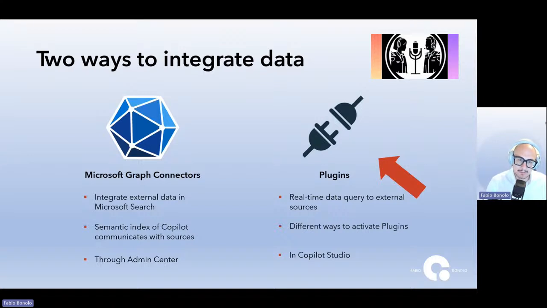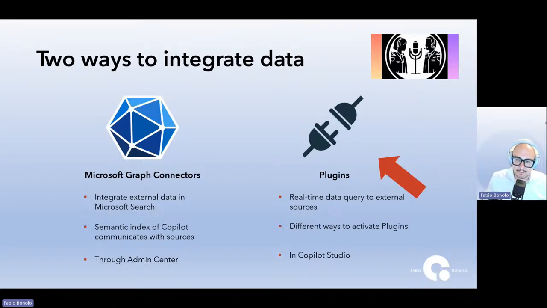And with Microsoft Graph connectors, you can integrate external data sources directly into the Microsoft Search Index, which is then used by Copilot to make semantic queries with your prompts and present the results in a natural dialogue. You can configure various connectors through the admin center. So it is not a solution in Copilot Studio. Solutions for that are, for example, Salesforce, ServiceNow, SAP, Jira, and many more.